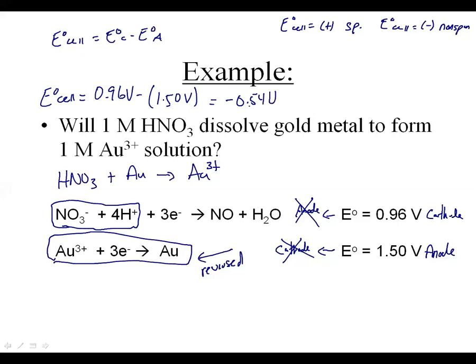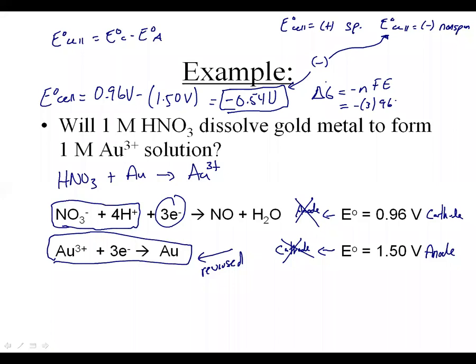At this point, that's probably all you need, because we know that this is a negative cell voltage, which means this reaction is going to be non-spontaneous. You could confirm it with delta G. It would be minus 3 for our electrons, our 96,500, and then our negative 0.54.